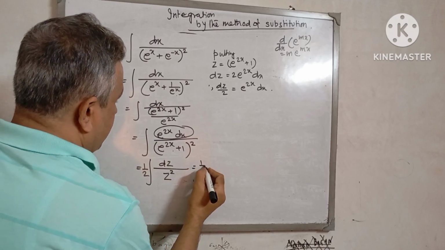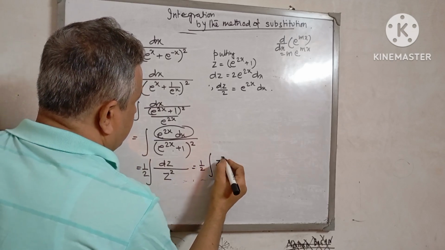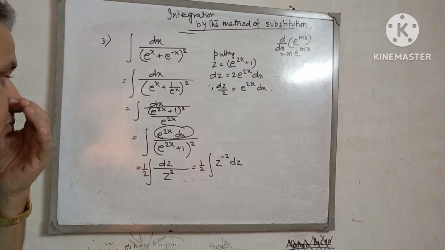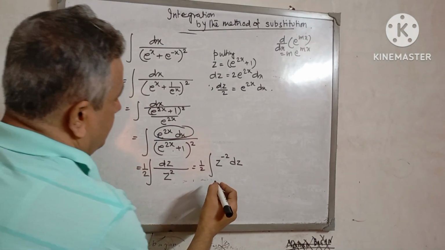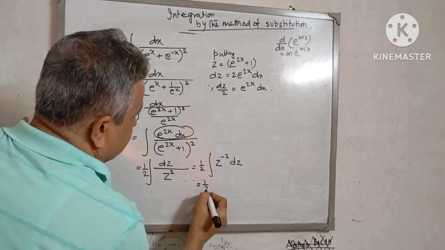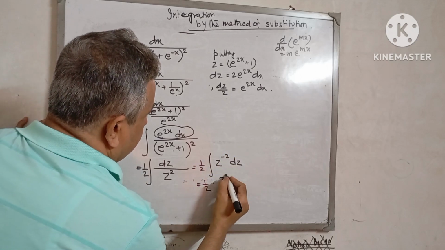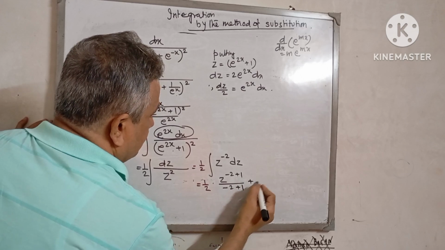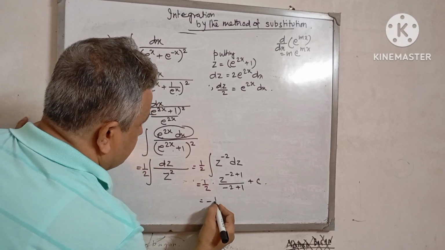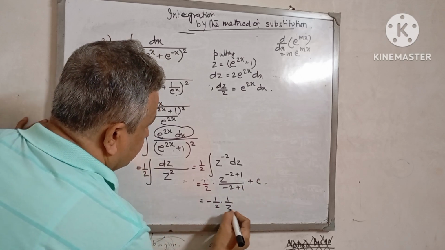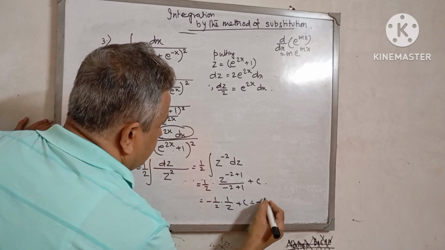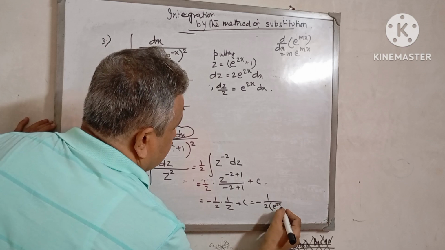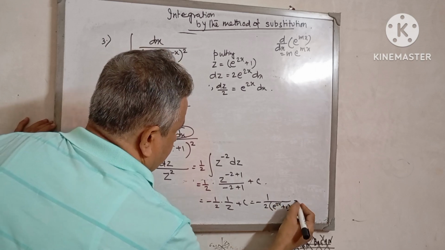So it becomes half z to the power minus 2 dz. Now integrate it, it becomes the standard formula z to the power minus 2 plus 1 by minus 2 plus 1 plus constant, that is minus half into 1 by z plus c, that is minus 1 by 2z, where z is e to the power 2x plus 1, plus c.